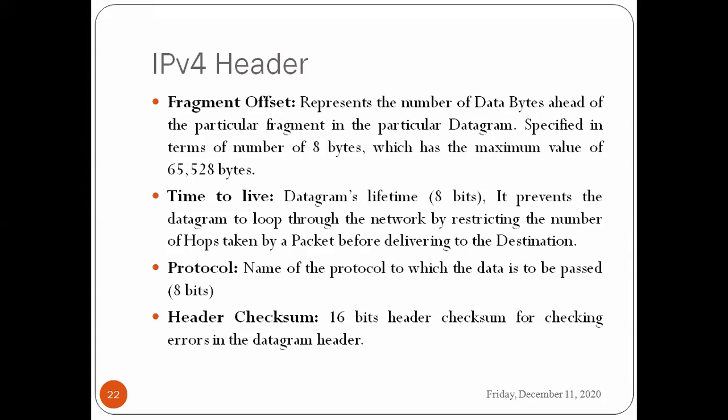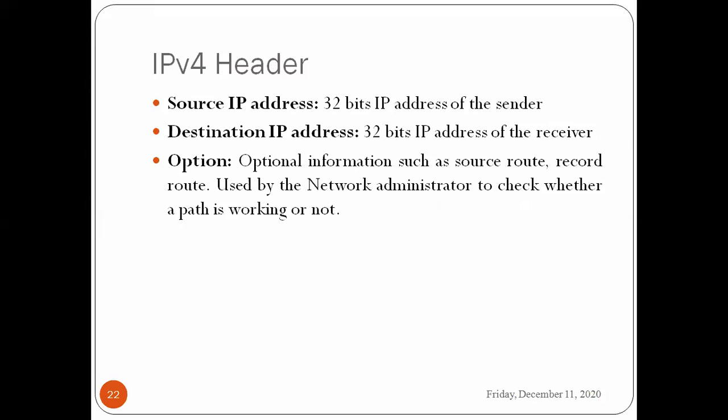Then the protocol. It is the name of the protocol used for the data being passed, 8 bits. That is the protocol we are using. Then the header checksum. It is a 16-bit header checksum for checking errors in the data header. Then we have the source IP address, which is 32 bits, and the destination address, which is again 32 bits. Then the optional information such as source route and record route, for example which path has been selected.